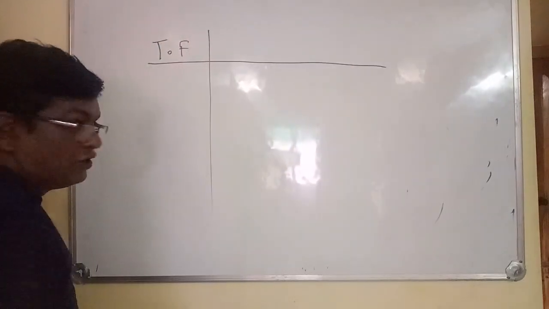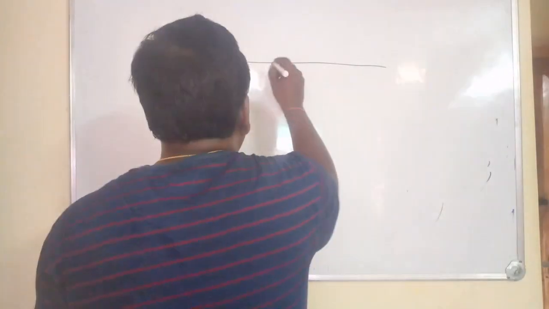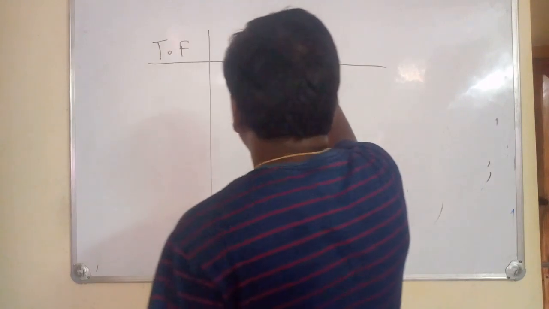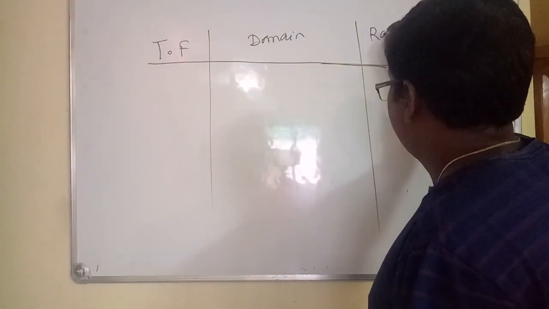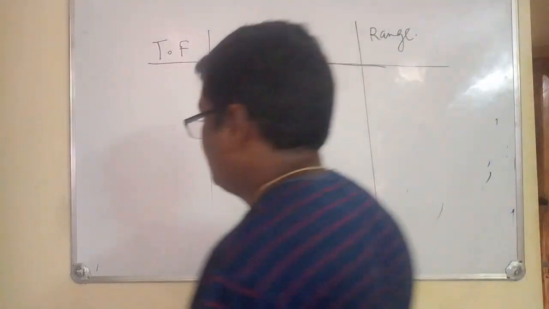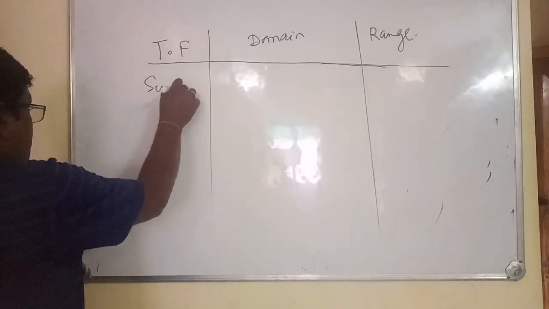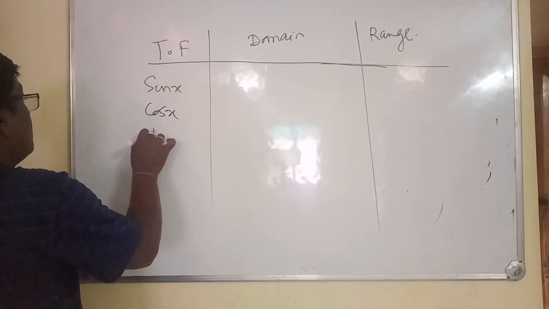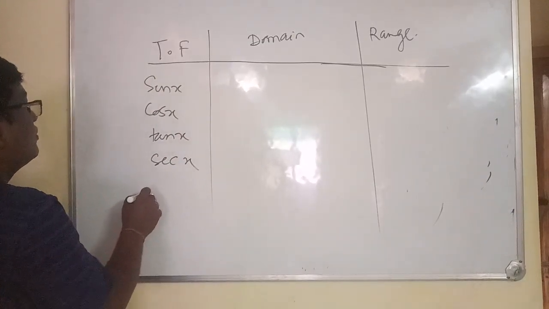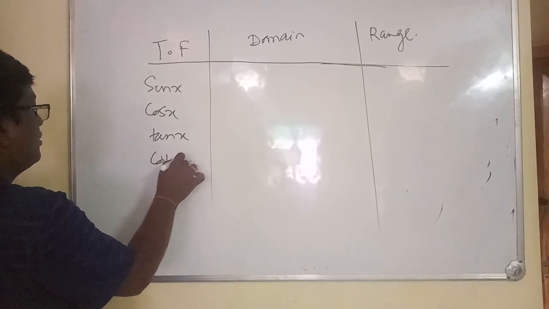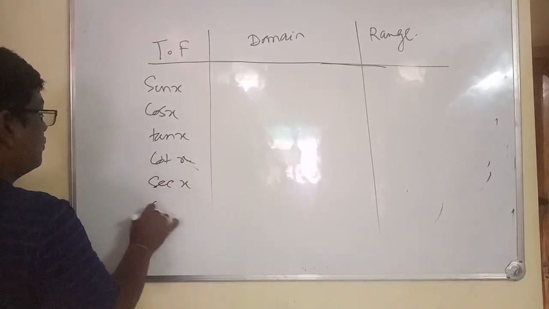TF means trigonometric function, and this is the domain, and this is the range. The functions are sin x, cos x, tan x, sec x, cot x, then cosec x.